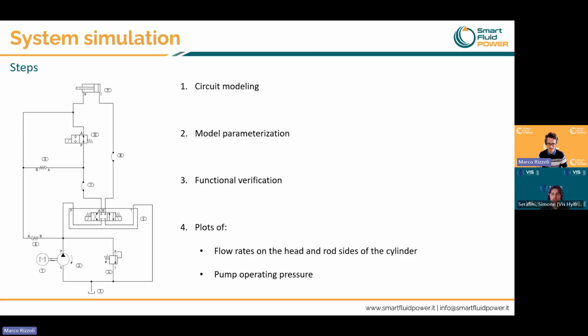And last one, the most important, is we can plot the results, the values in time of every variable that we have in the schema, in the model, like pressure, flow rates, positions, and also loss of pressures, leakages, and so on. I will move to OpenModelica.